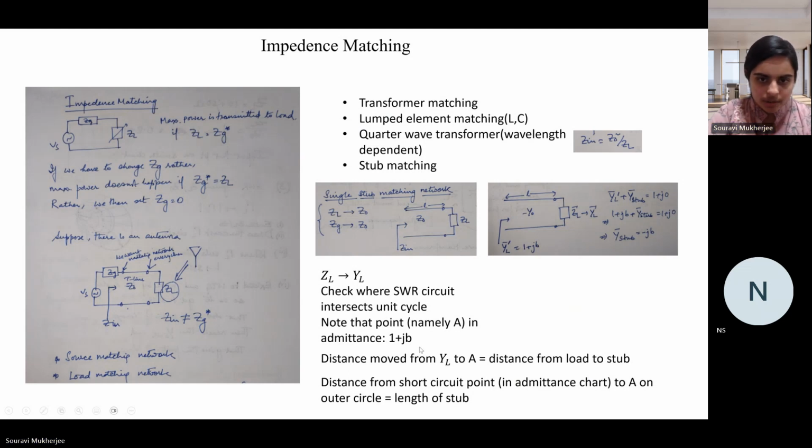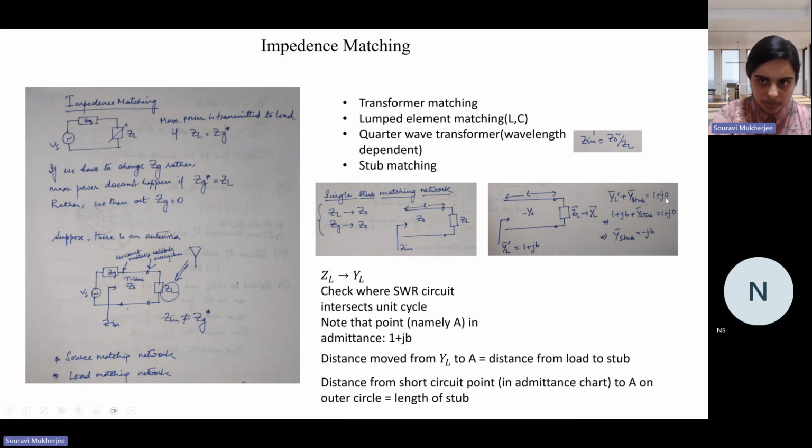Now the distance moved from YL to A, what is this distance telling you? This distance is basically telling you the distance from the load to the stub. Why is this true? Suppose at this point this is your impedance. This is YL, which is known to us.